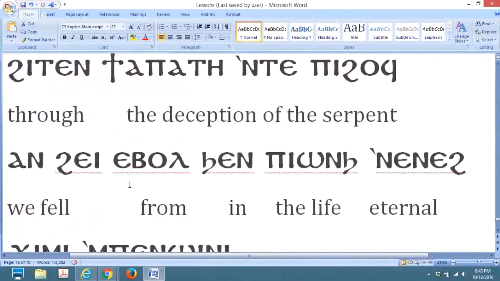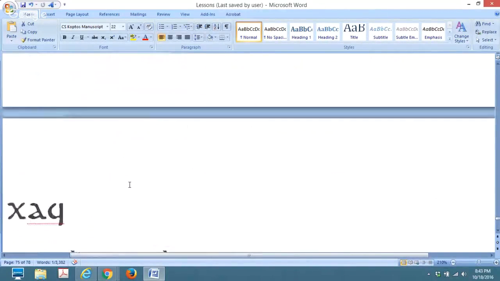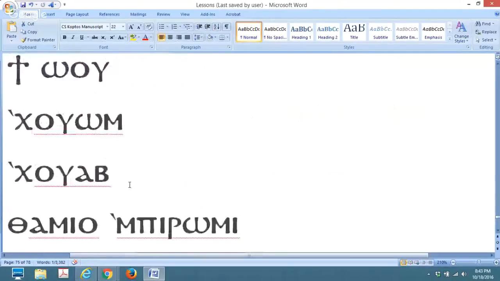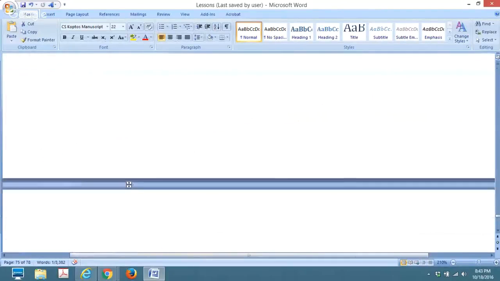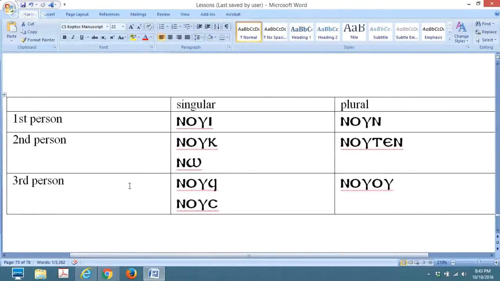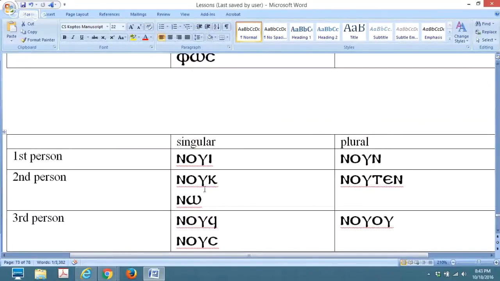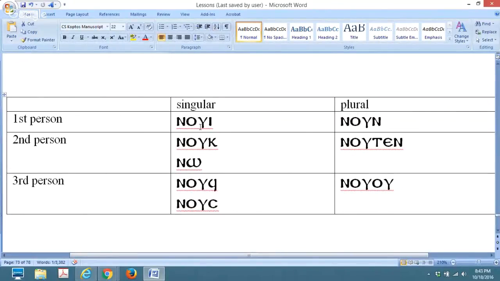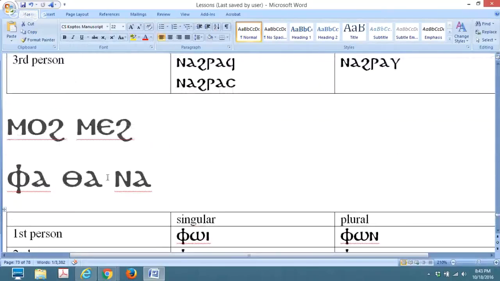The other thing I was going to show you, let's see if I can find it. Yeah, so we talked about nuf. Remember this conjugation pattern? So we talked about fa, tha, and na. Those are the possessive pronouns.